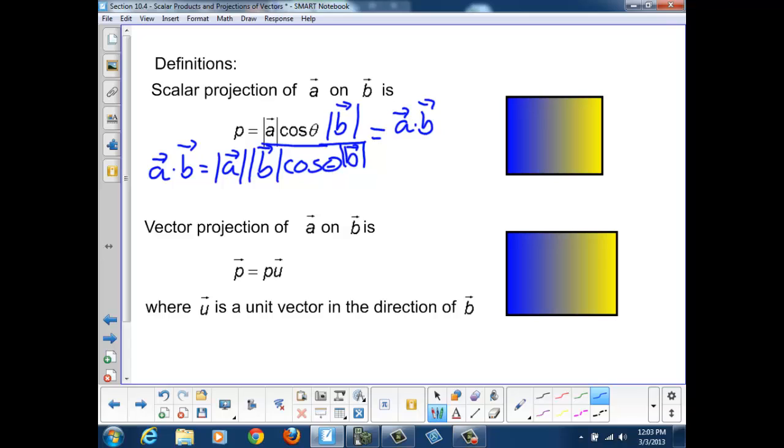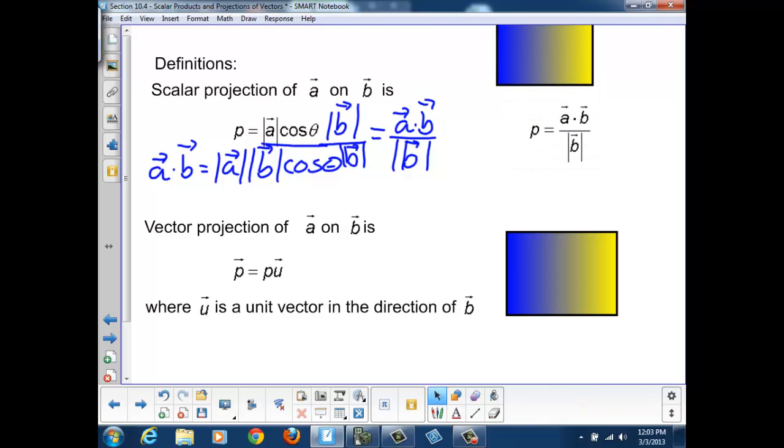And if we have our information in component form, I can figure out my scalar projection without having to determine the angle between the two vectors. I can use this dot product formula instead. So now we have two ways to calculate our scalar projection.